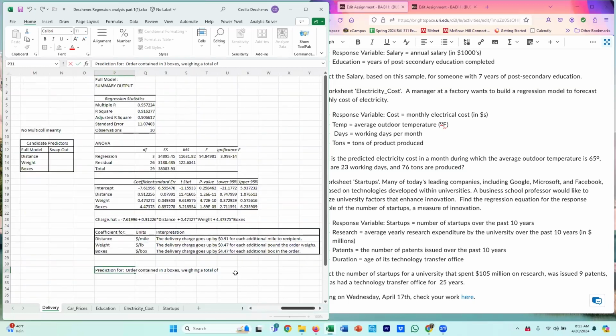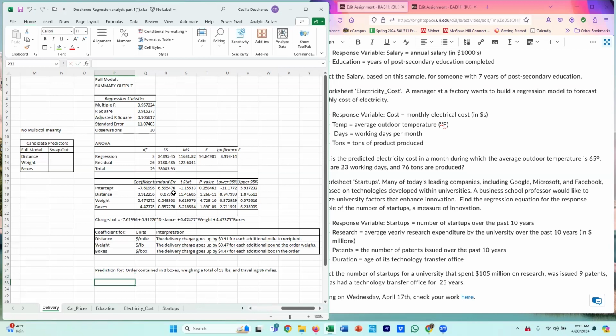Okay, they're decent. Weighing a total of, let's say, I don't know, 53 pounds, and traveling 86 miles. Okay.